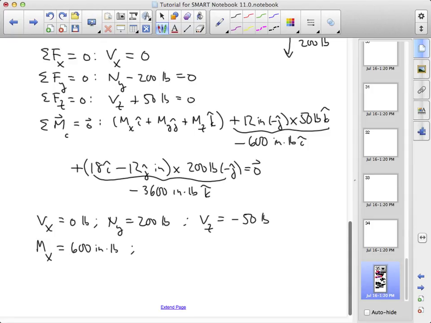We have My, but nothing in J, so My is 0 inch-pounds. And collecting components in K, we have Mz minus 3,600 is 0, so Mz is 3,600 inch-pounds.